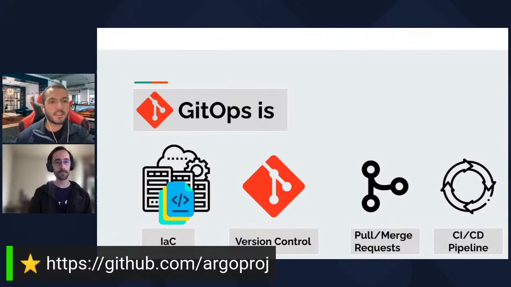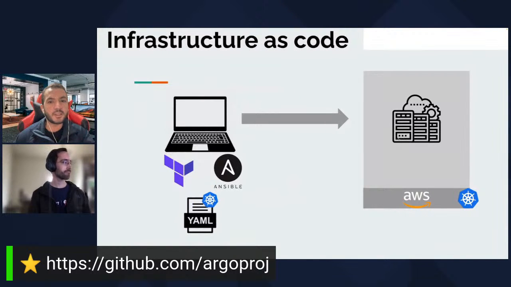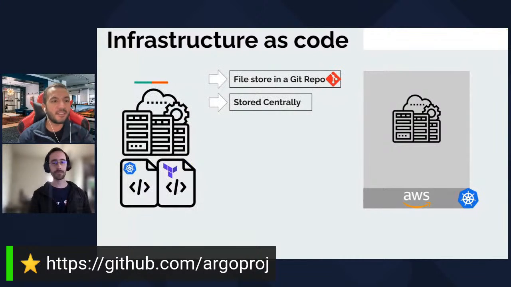Yes, absolutely. I think in the slide, if you go to some of the last slides, we talk about how you have Terraform, YAML, anything, but when you try to test it locally, it just runs on your machine. And if you save it in a Git repository, now this is stored centrally, but everybody can access it and they can deploy manually to build the AWS infrastructure in the cloud or run it in the Kubernetes cluster.